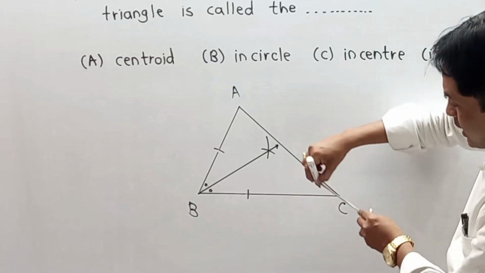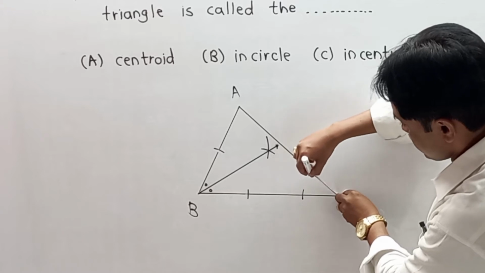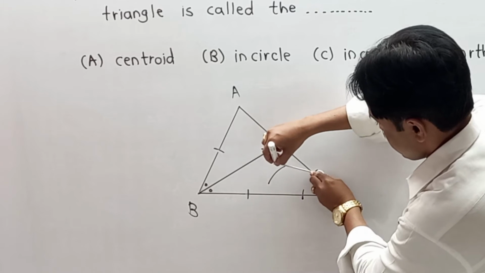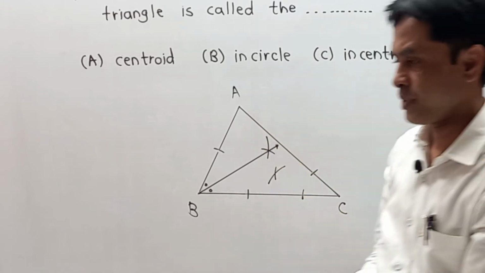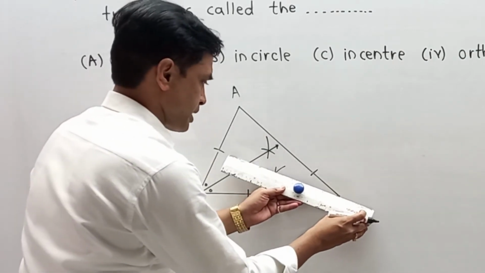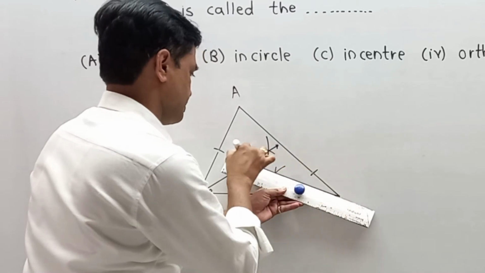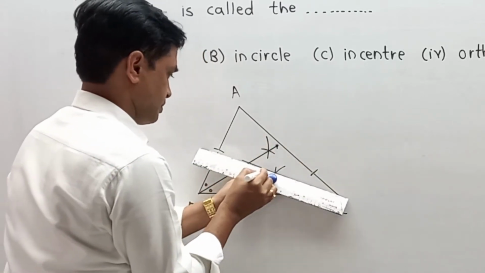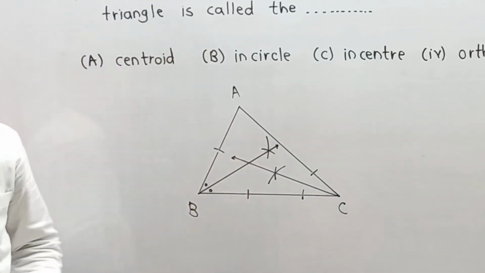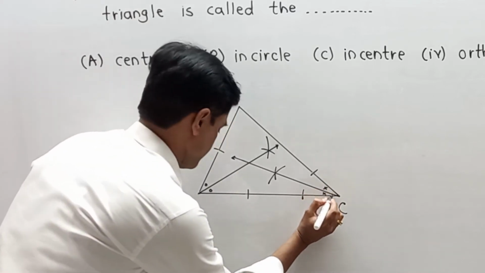Let us draw the second angle bisector from point C. First arc over here, second arc over here. Now after drawing this second angle bisector, angle C is bisected.